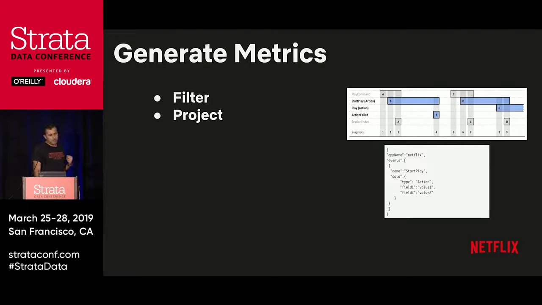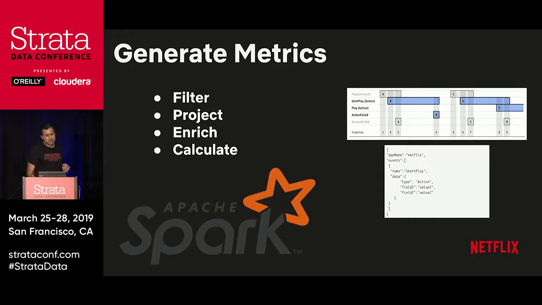So we project those columns out. You enrich it with other data sets that you need to enrich it with, like user data, geo data, the A/B test that the user is running right now, any kind of enrichment that you want to do. And then finally, you calculate the metrics. And that's really the meat of your Apache Spark application.